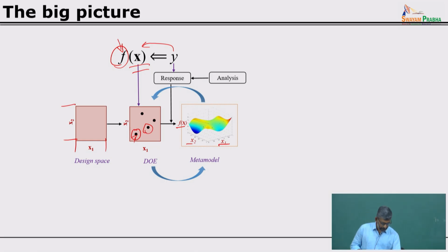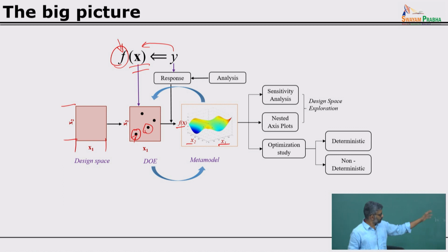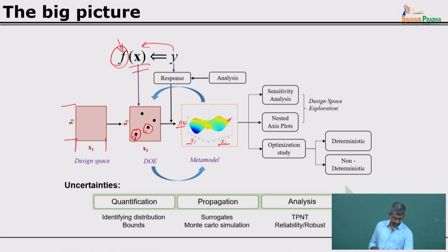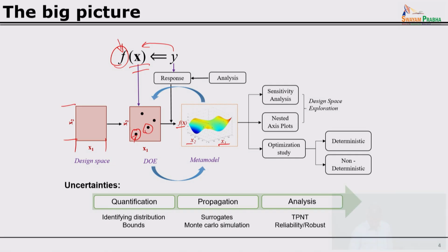Okay. The other thing is, if we go past that, then once you build the F, then you can do sensitivity analysis or optimization, whether it is deterministic or non-deterministic, which means you want to do reliability or robust design kind of stuff. And visualization also can be done from a decision perspective. Then on top of it, if you want to propagate uncertainties, so far we have only spoken about the deterministic sense.